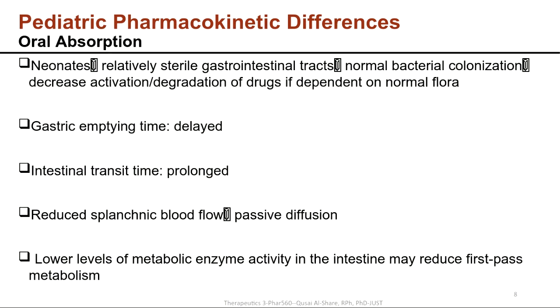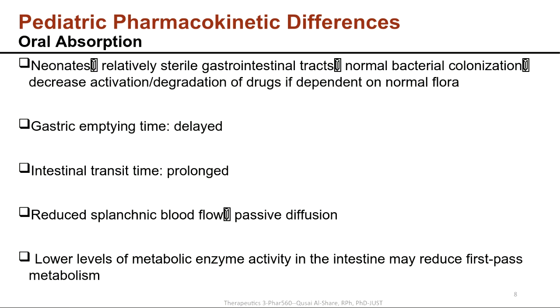Looking at the gastrointestinal tract again, the gastric emptying time is delayed. We have prolonged intestinal transit time, which means a longer transit time and potentially better absorption. Splanchnic blood flow is reduced; the blood flow to that area is lower.